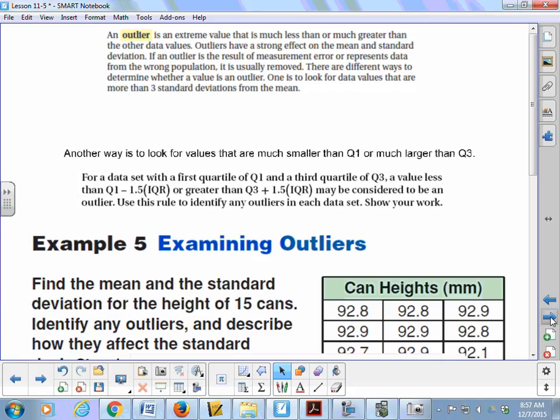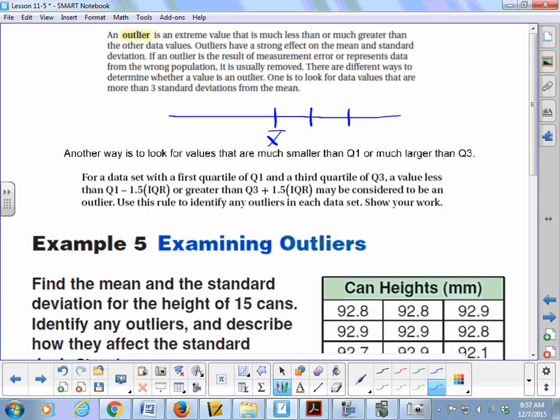So it looks like this, basically. Here's my number line. Here's the mean. And I have 1, 2, 3 standard deviations here, and 1, 2, 3 standard deviations here.